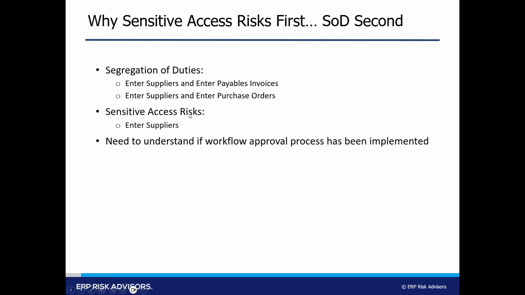So I may care about suppliers and payables invoices, but if I don't also independently test enter suppliers, then I'm missing addressing the risk related to the fraudulent update of an existing supplier, like by changing the default bank account.